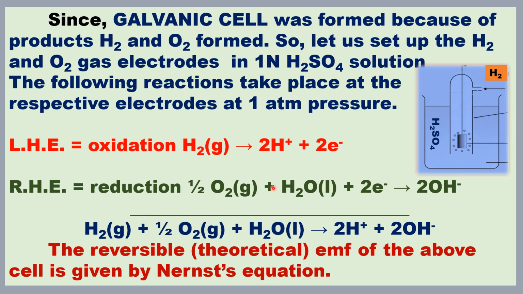Now the oxygen gas evolved is reduced to give OH minus ion. So the reversible theoretical e.m.f of the above cell is given by the Nernst equation. Since it is a galvanic cell, the Nernst equation can be applied to calculate the reversible e.m.f of the hydrogen gas electrode and oxygen gas electrode.